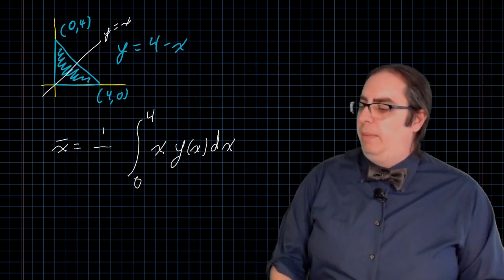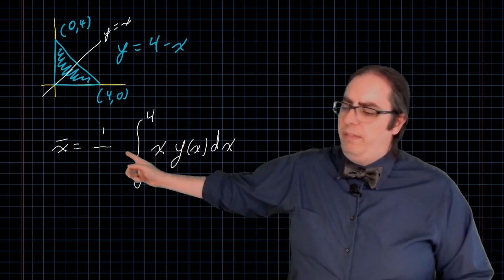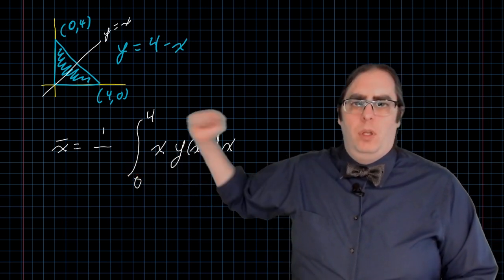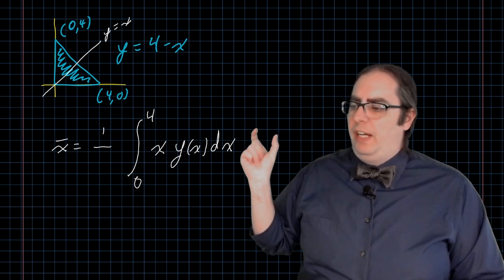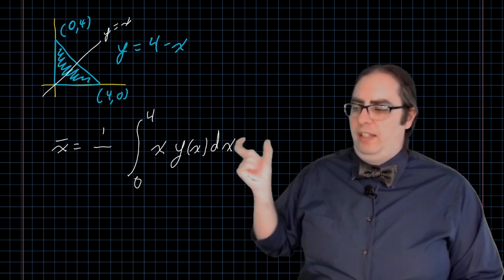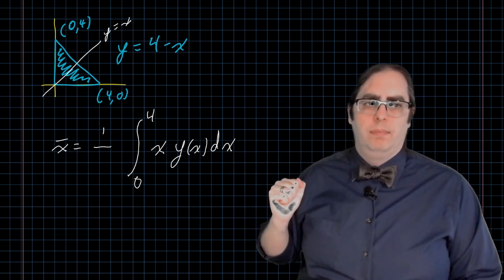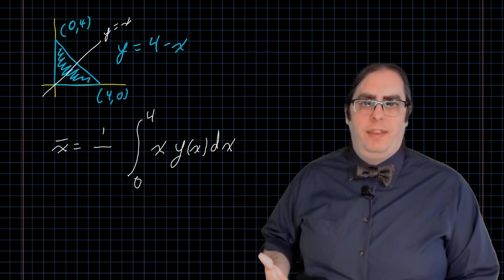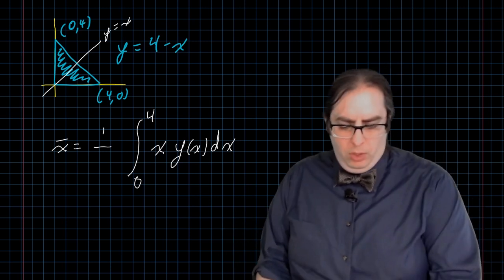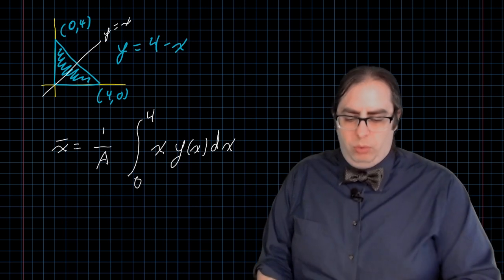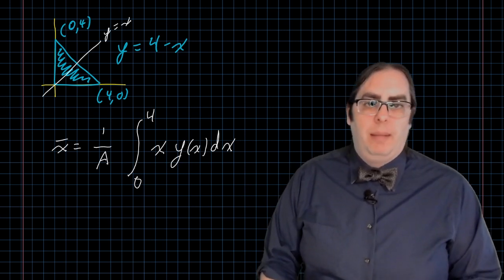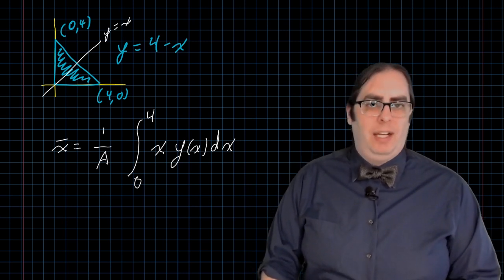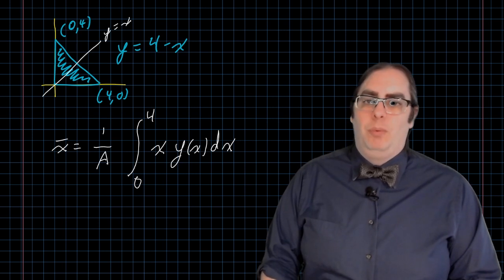Getting a little bit ahead of myself, what do I divide by? Well, in one dimension, I divided by the length of the line, the distance from one side to the other. The two-dimensional analog of length is area. So I'm just going to assume that that's what we need. I'm going to divide by the area of this figure and see what happens.